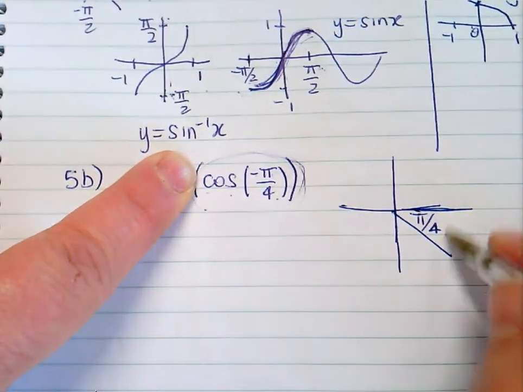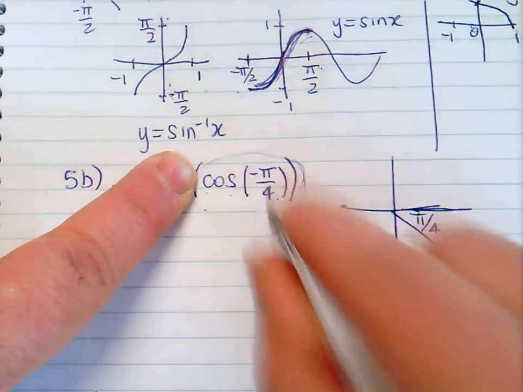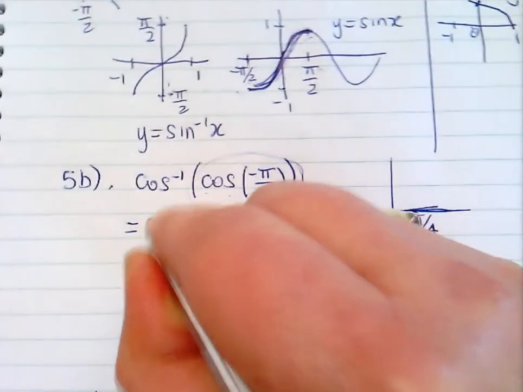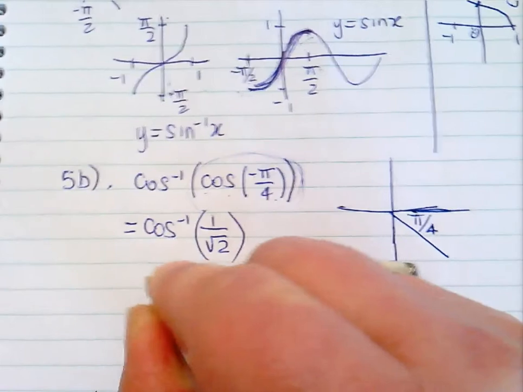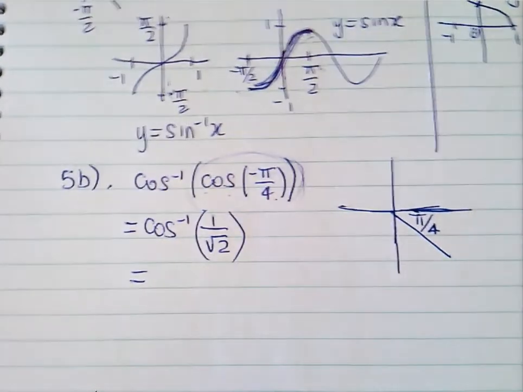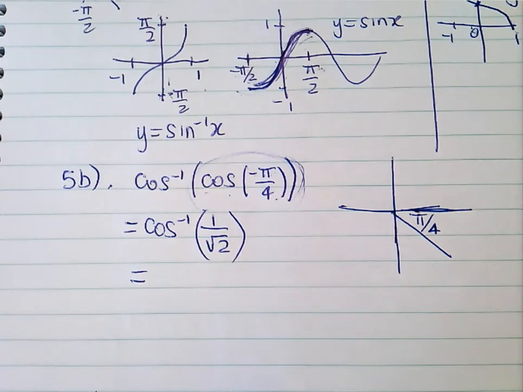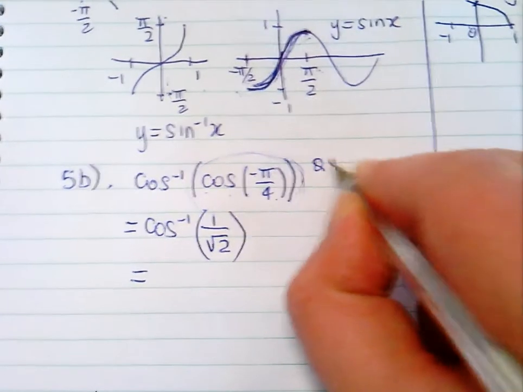So what does cos of negative pi on 4 equal? Cos of 45, what is it? 1 on root 2. Is it going to be positive or negative? So that's inverse cos of 1 on root 2. No, because all stations to central, cos is positive in quadrant 4. So this is a quadrant 4 angle because it's a negative angle. Got to go backwards.